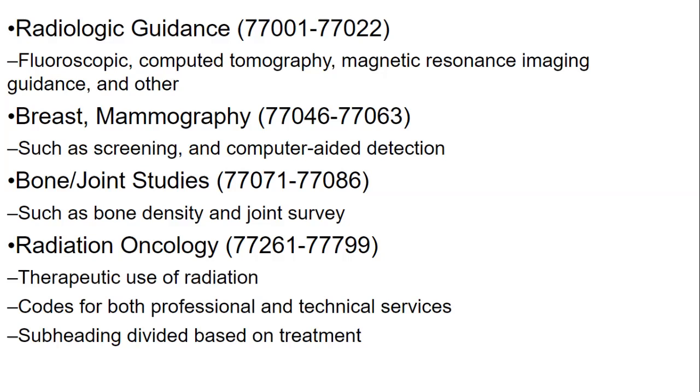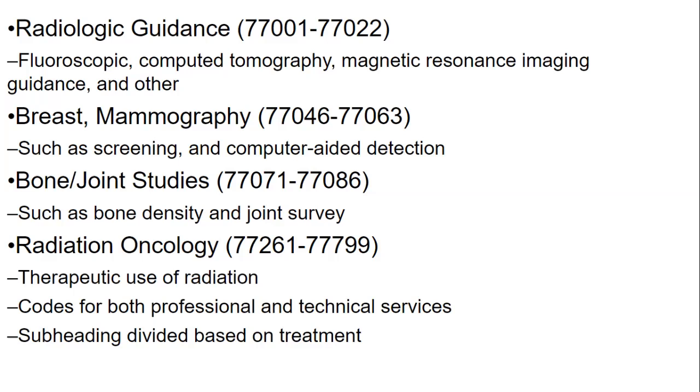Breast mammography is 77046 through 77063, such as screening and computer-aided detection. Bone joint studies 77071 through 77086, such as bone density and joint survey.